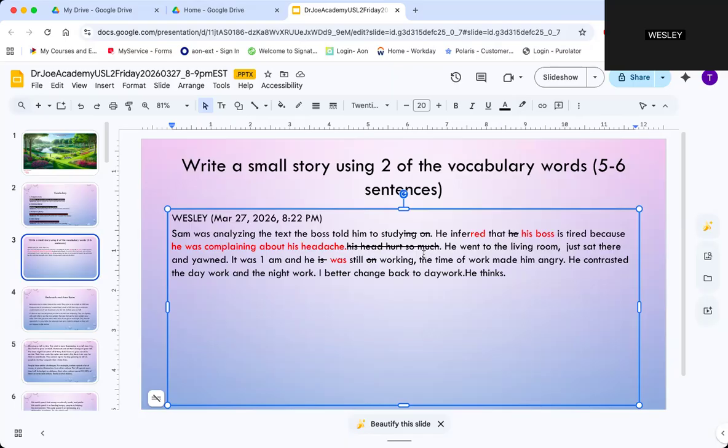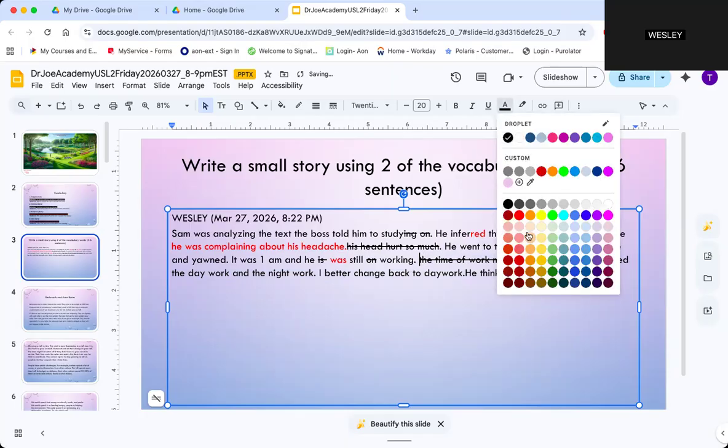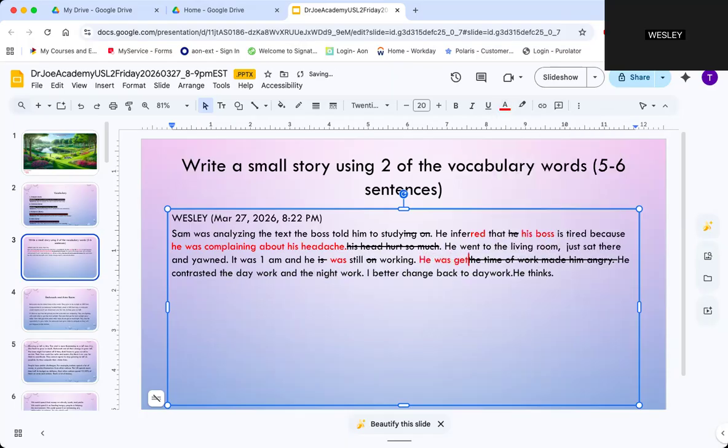Like, he often works at night. Okay, so you could say he was working and he was getting angry that it was so late. So we can take this out and make another sentence. He was getting angry that he was working so late. Working late is different.